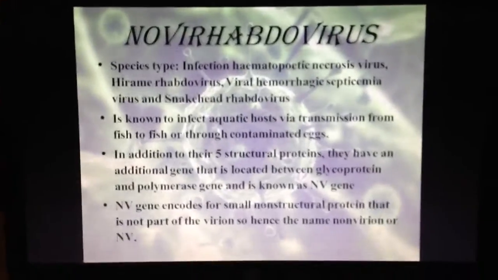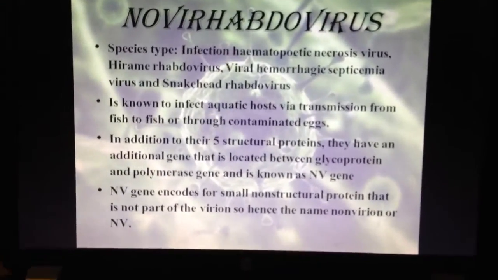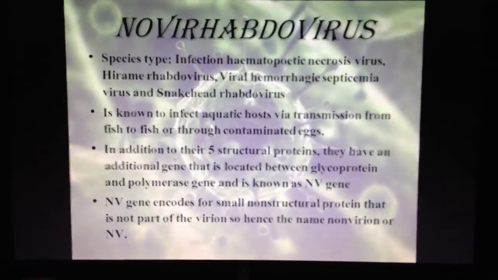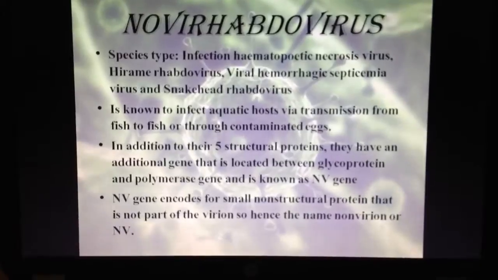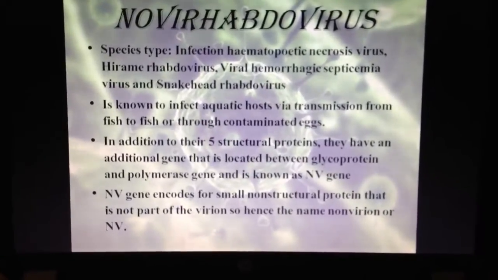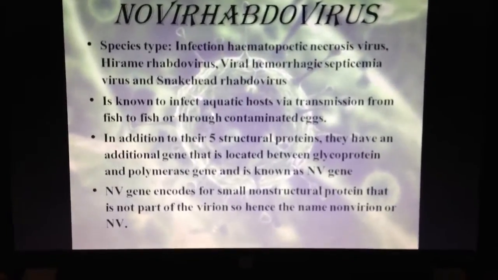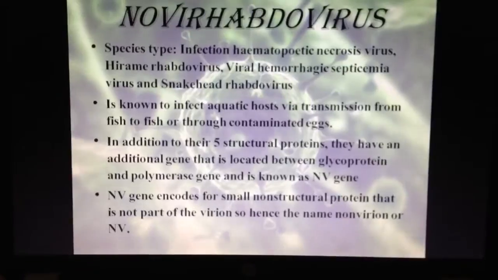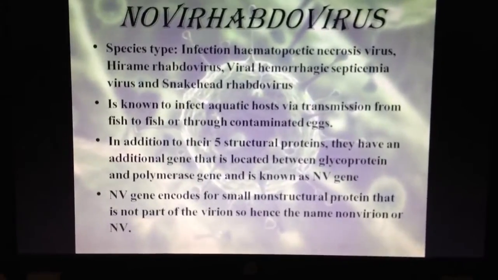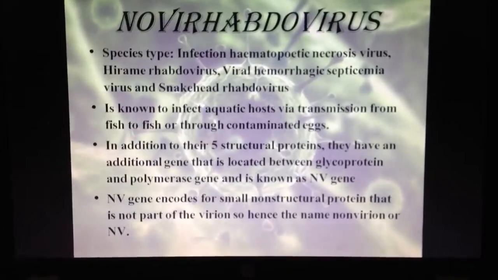Now, for Novirhabdovirus, the species types that we'll be looking at are infectious hematopoietic necrosis virus, Hirame rhabdovirus, viral hemorrhagic septicemia virus, and snakehead rhabdovirus. It is known to infect aquatic hosts via transmission from fish to fish or through contaminated eggs.